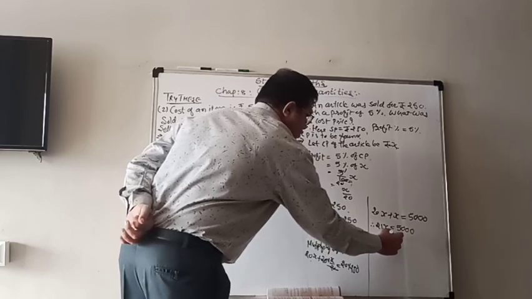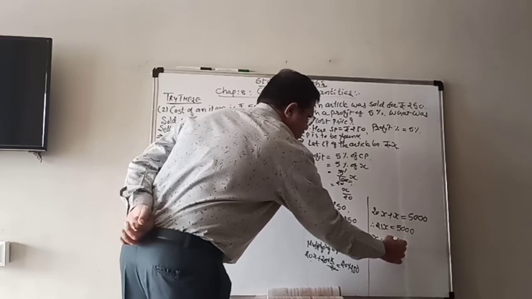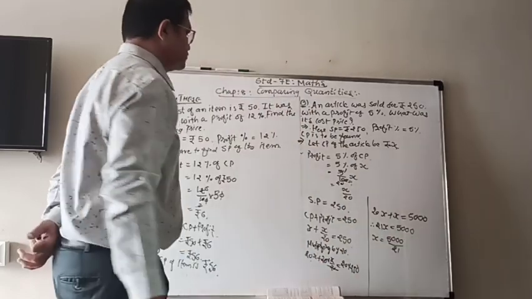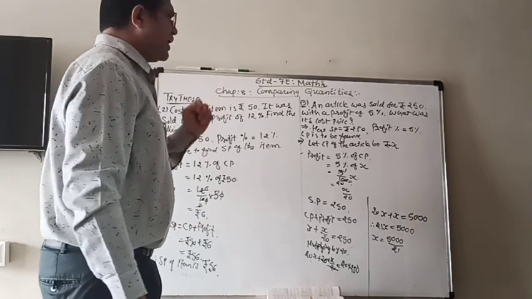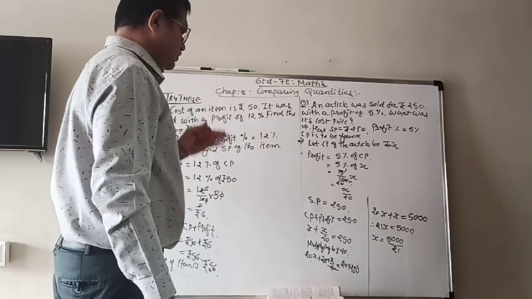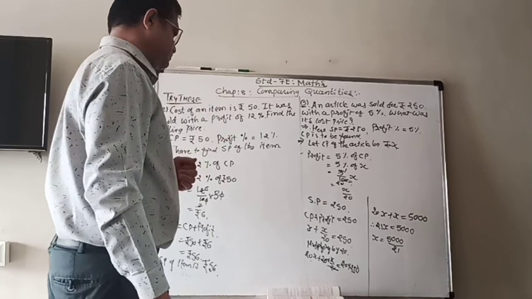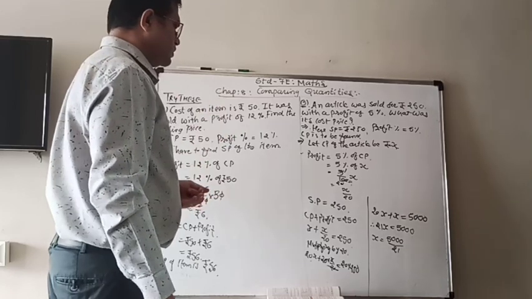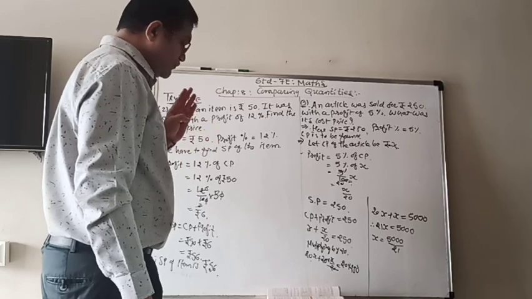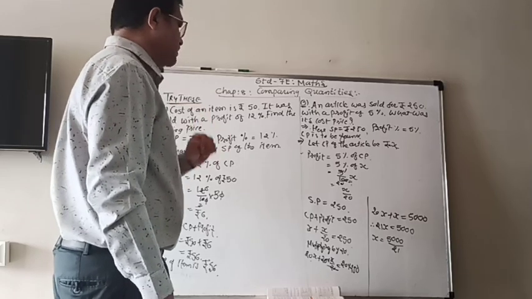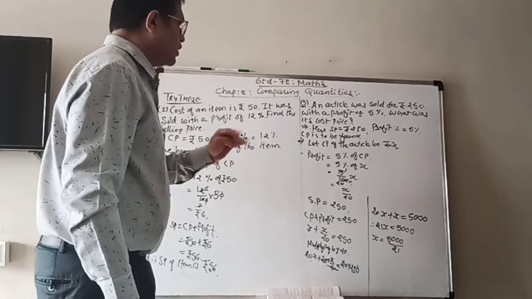So x is equal to 5000 upon 21. So now here we have to convert it into the decimal, and then we can find the CP of that particular.